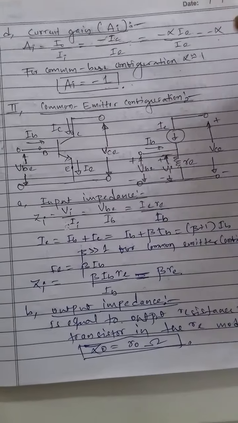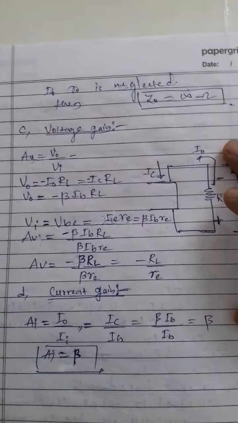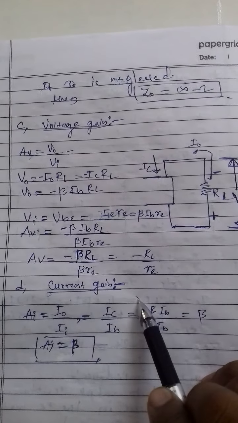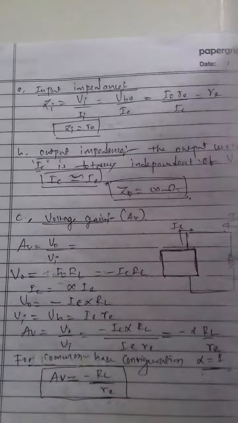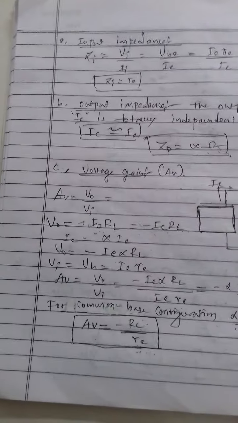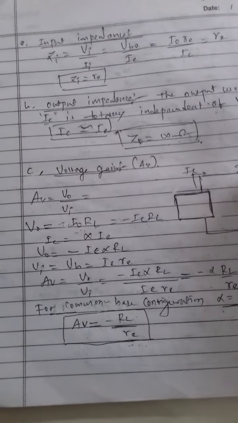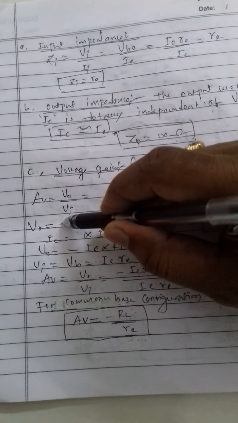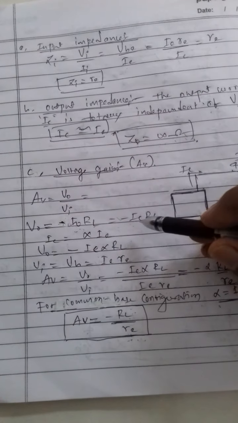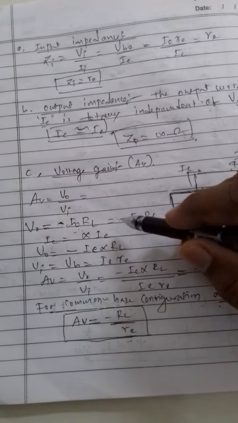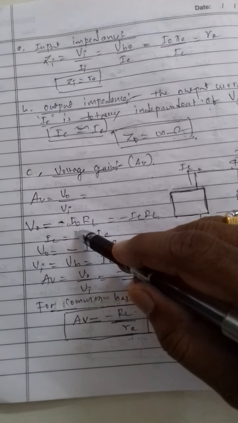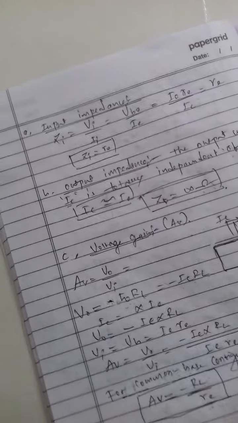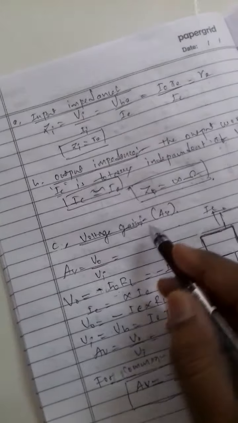Here are small corrections that you shall make. The output voltage is equal to minus Io RL, but Io is equal to minus IC.